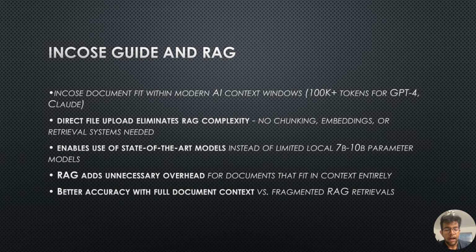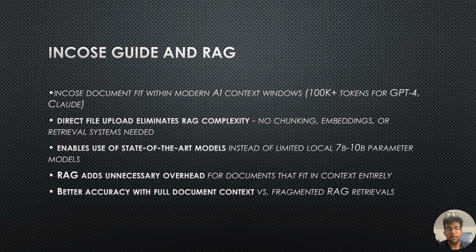So I researched a little bit more about RAG, the retriever, chunking, and vectorization. What I understand right now is that we can get away without using RAG for the in-course guide because the size of the in-course guide is not that large. It can fit inside the context window. So we can directly upload the in-course guide into the chat, into the context window, and we would be fine.